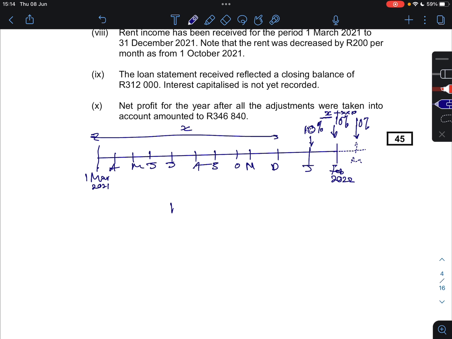Let X be equal to the normal insurance premium. After the increment, we had the normal rate plus the increment, which is 10% of X, which is 0.1 times X. That is why I said here X plus 10%.